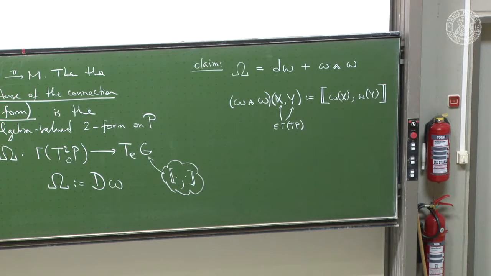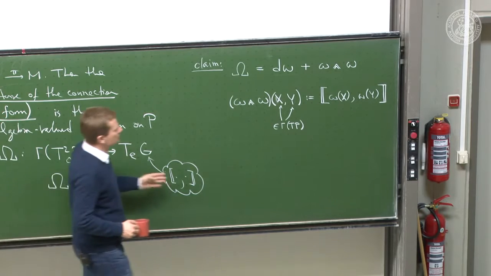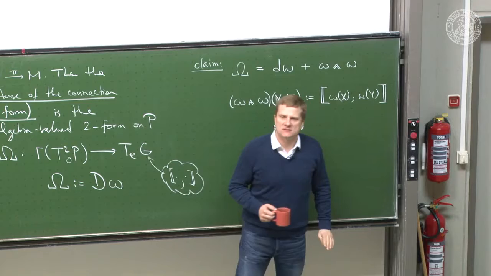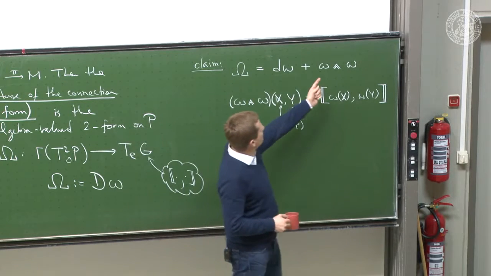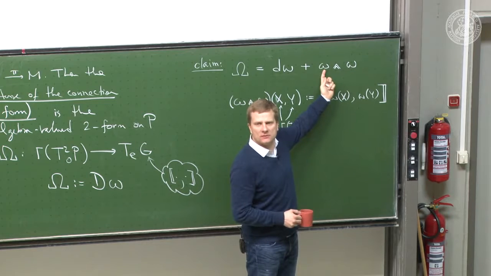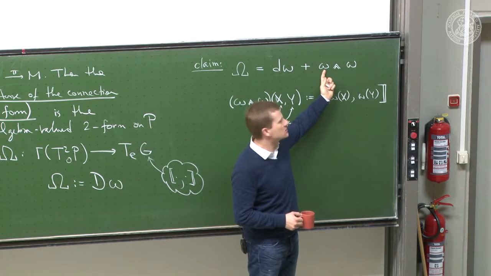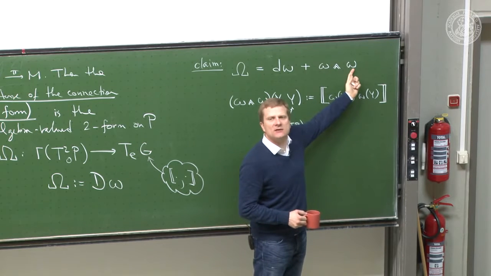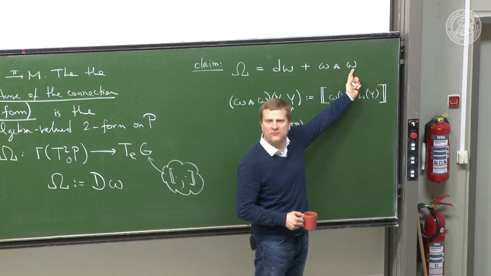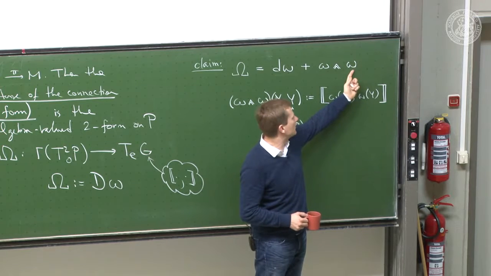wedge doesn't easily extend to any flower space. And if the flower space, as in this case, is the Lie algebra, then we define it like this. We later have opportunity to define the wedge between a Lie algebra valued one form, two form, and so on, and a only vector space valued form. How does that work? Well, that can work.